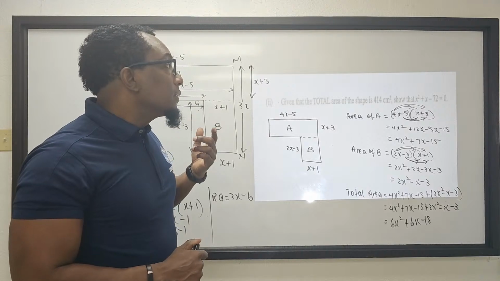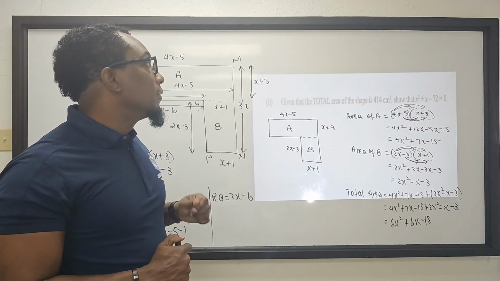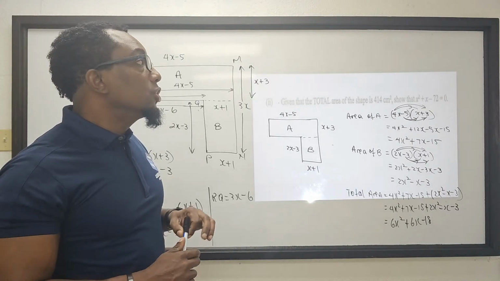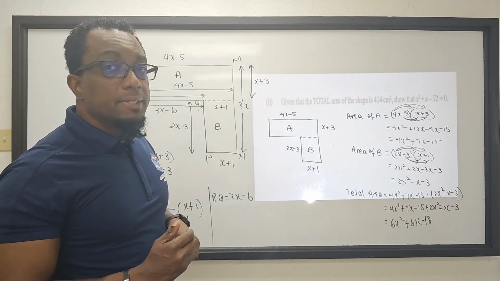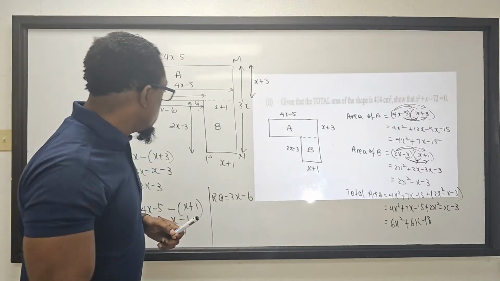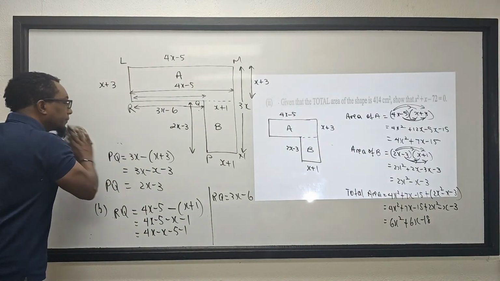So we want to now show, given the total area of the shape is 414 centimeters squared, show that x squared plus x minus 72 is equal to 0. So in order for us to show that, this is what we're going to do.